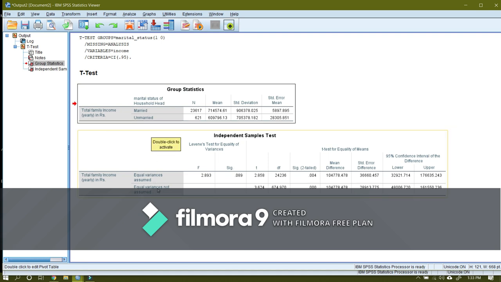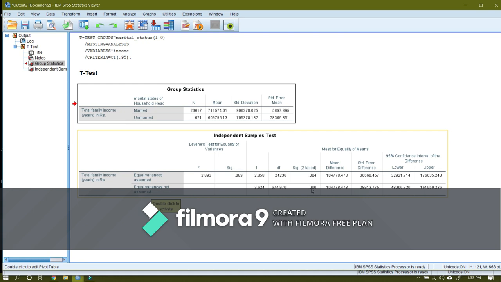So we will come here, and SPSS also gives us equal variances not assumed. Since this test shows that the variances are not equal, we will use this t-test, and it also gives us adjusted degrees of freedom, and here is its p-value.